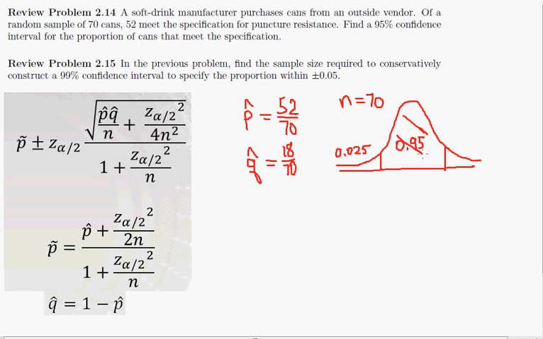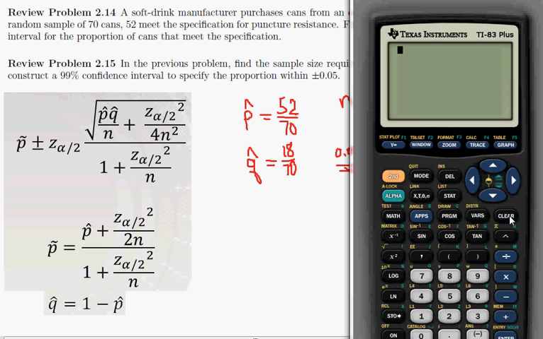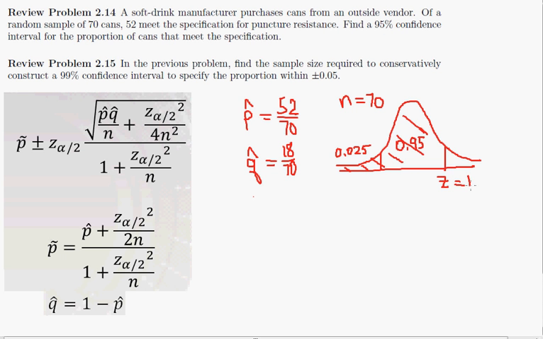So the z value we want here is going to be the 97.5 percentile, and so we use either Excel or a calculator or the table to get that number. We get that the inverse norm of 0.975 is equal to 1.95996. So that's our z value, 1.95996.